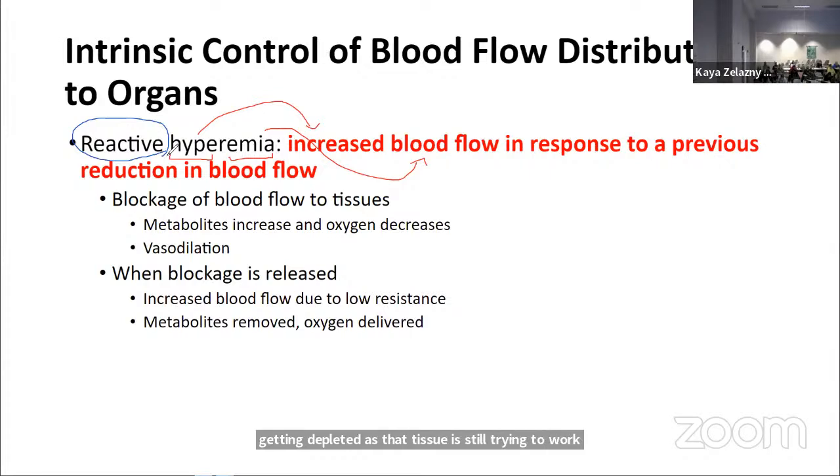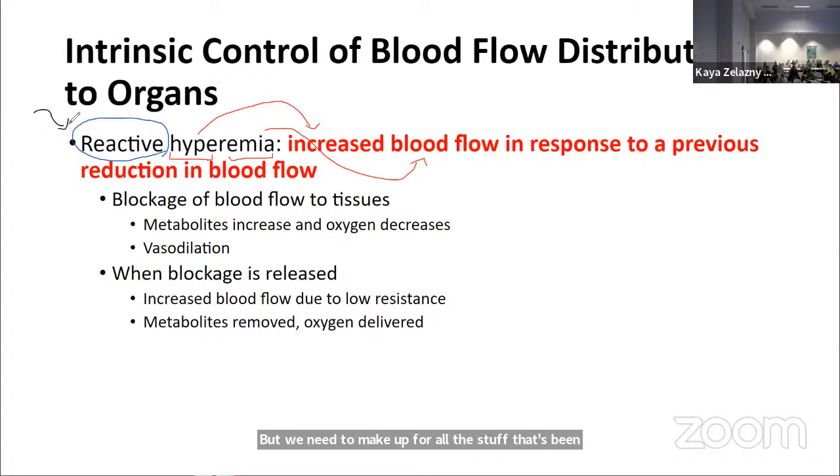Okay. So if that happens, then the surgery is over, right? You unclamp it, you return blood flow to that tissue. You're going to have a reaction to that previous state, that's the reactive part. As our response to this previous blockage, we've now restored blood flow, but we need to make up for all the stuff that's been happening while that blood flow was blocked.